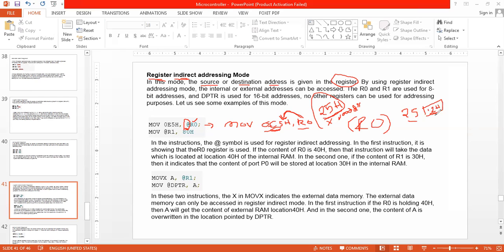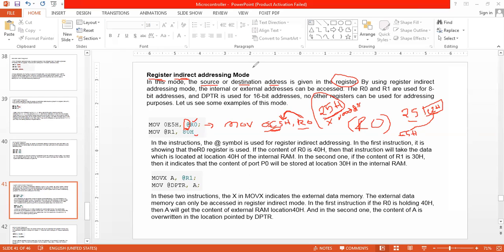Now the data 12H is going to be stored into E5H. Right? Now, one more example I will take up here.